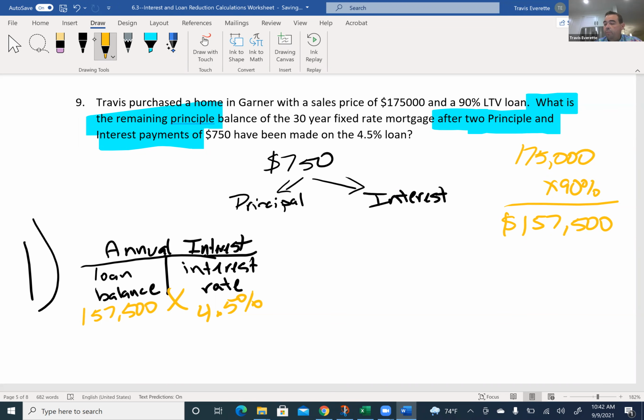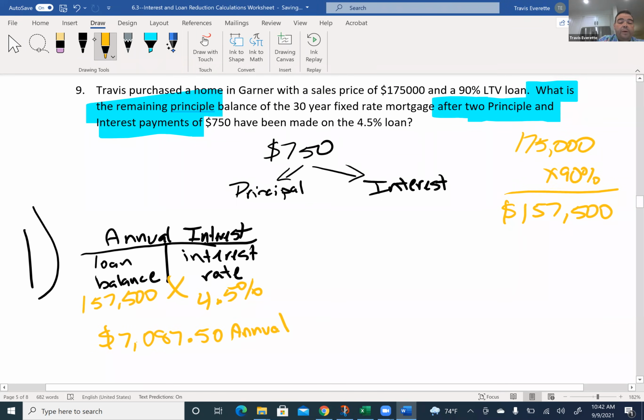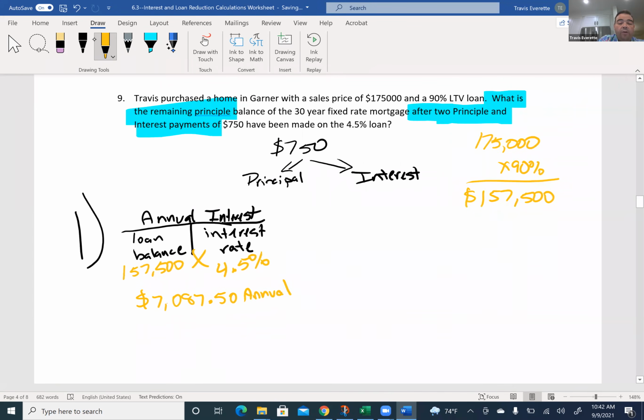Well, those are side by side, so I can multiply them. So times 4.5%. That's $7,087.50 annually. But remember that $750 payment is a monthly payment. So to keep that in perspective, I need to divide it by 12.